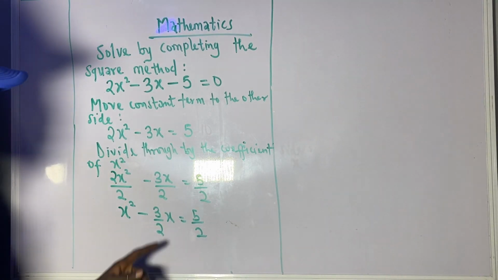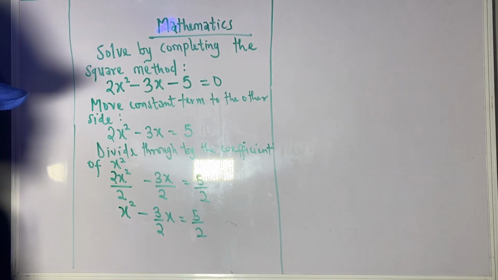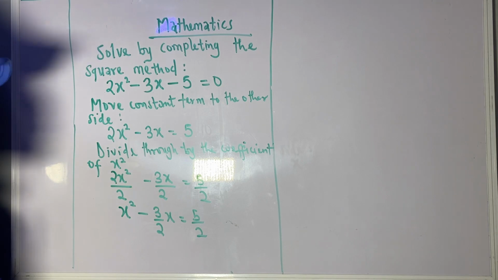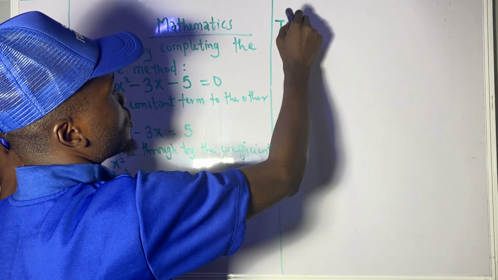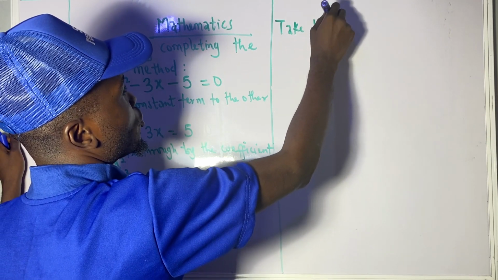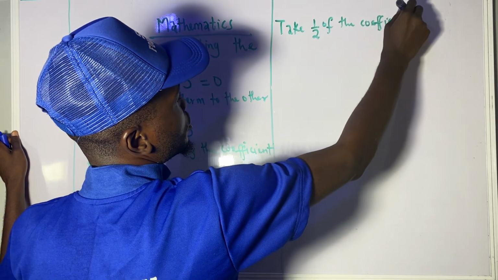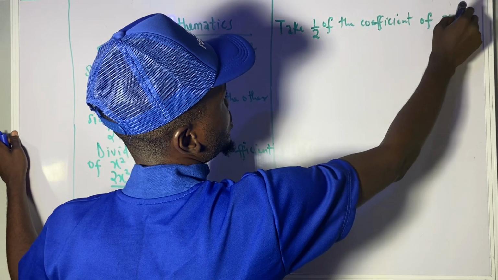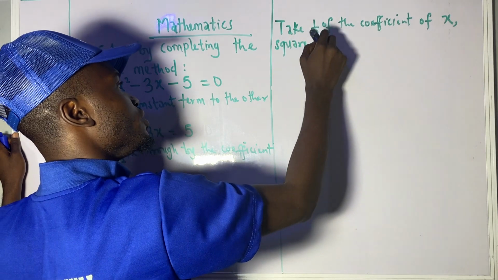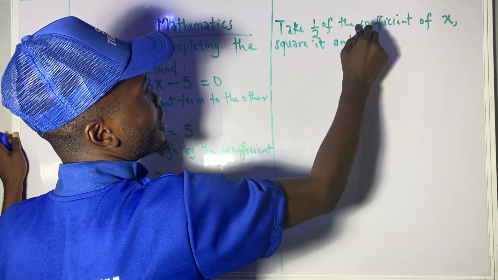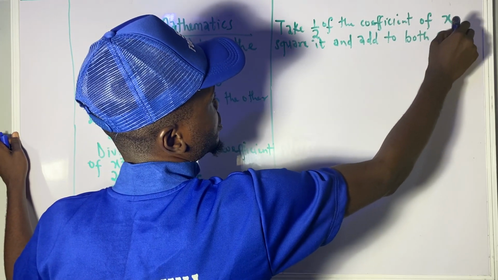From here, the next step is to take half of the coefficient of x, square it, and add it to both sides.